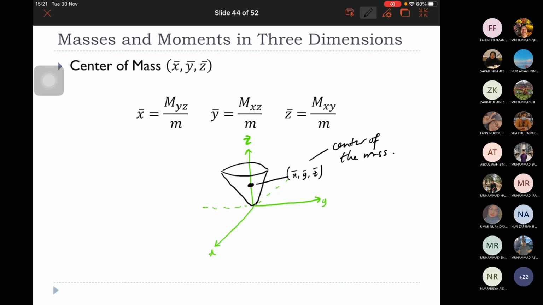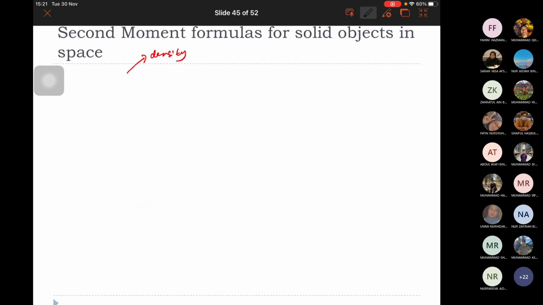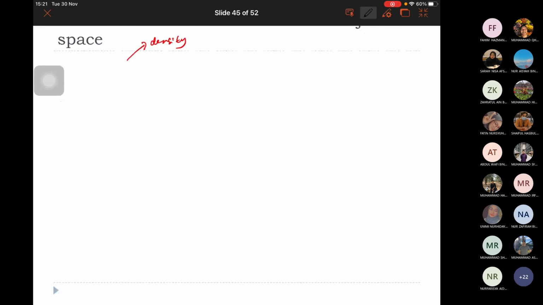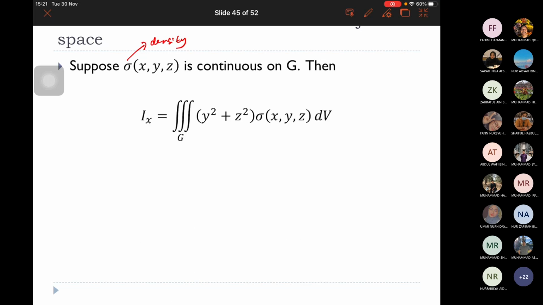So, let's take a look at the example. Oh no, the second moment first. So that was how to get the center of the solid, or center of mass. Now the second moment: suppose the density is given by delta x, y and z, and it is continuous on the region G. Then the inertia about the x-axis is given by the triple integral over the bounded region G of y squared plus z squared multiplied with the density of x, y, z dV.